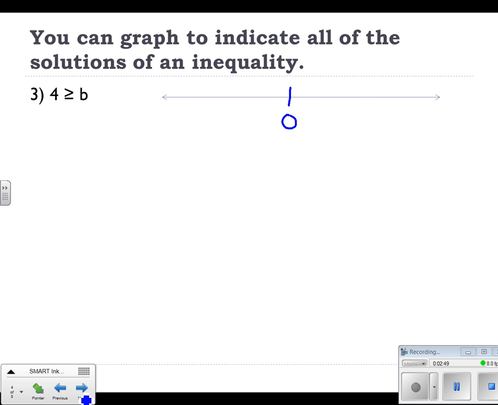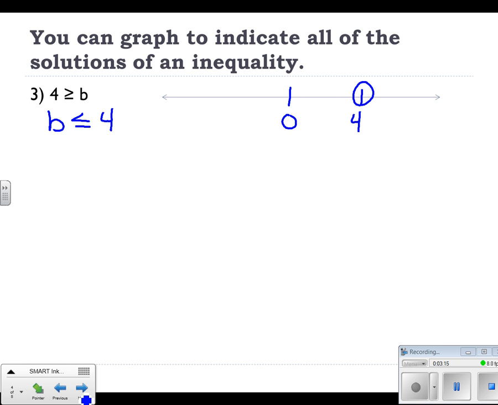We're going to say 0 is here in the middle. We're going to mark 4, put a circle there on 4. Now it says 4 is greater than or equal to b. Or if you want to reverse it, b is less than or equal to 4. So anything less than or equal to 4 is what b could be.